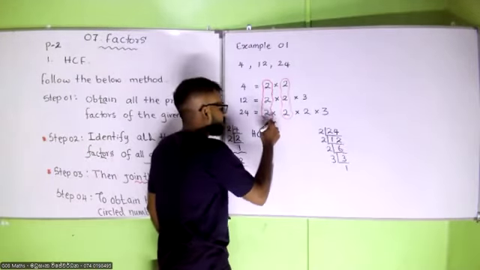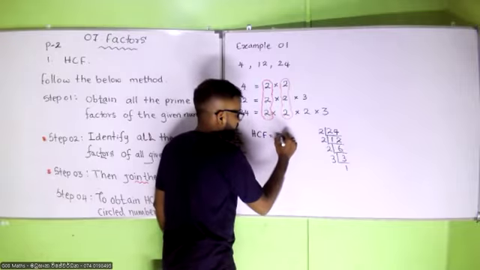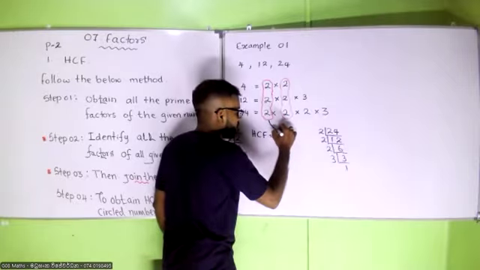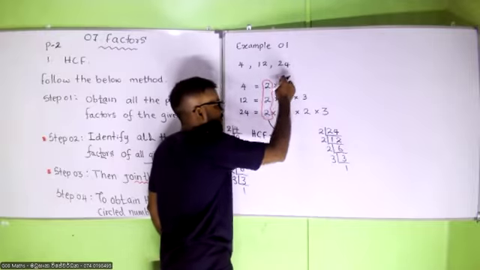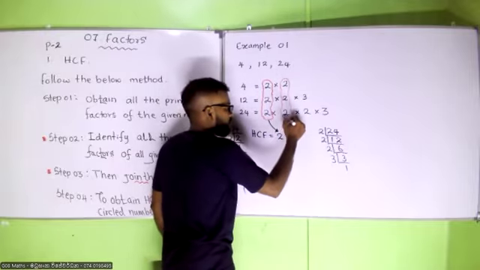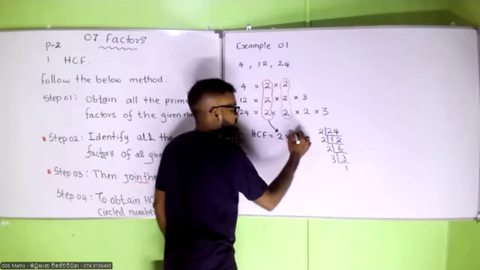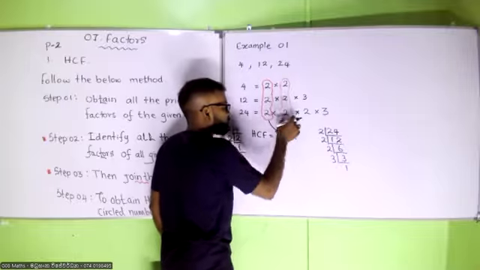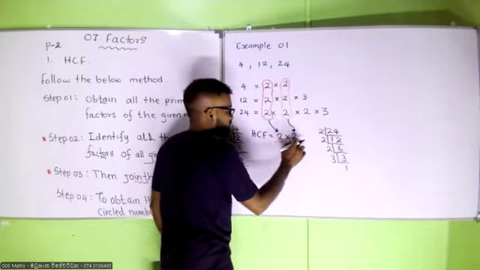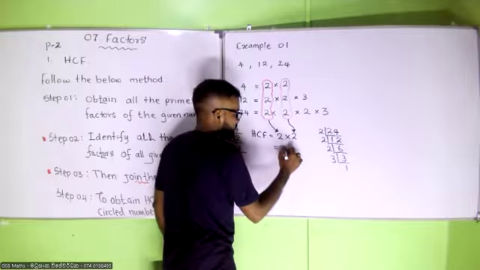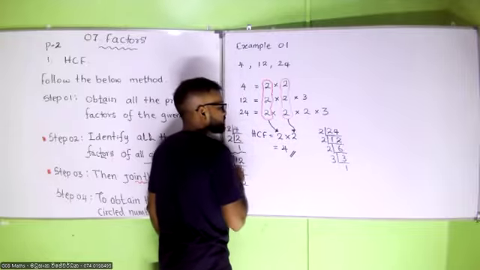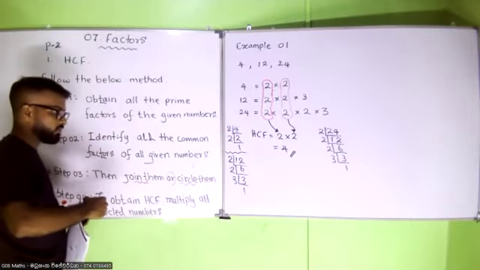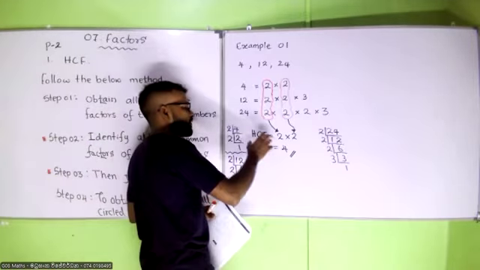So here we have 2, and I write one common 2 for all of these 2s, and again one 2 representing all of the others. 2 from here, 2 from here: 2 times 2 is 4. So your highest common factor should be 4. This is the way you are going to find it.